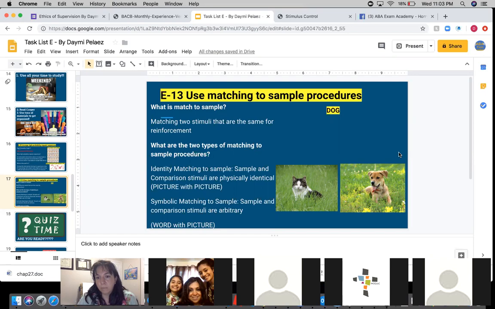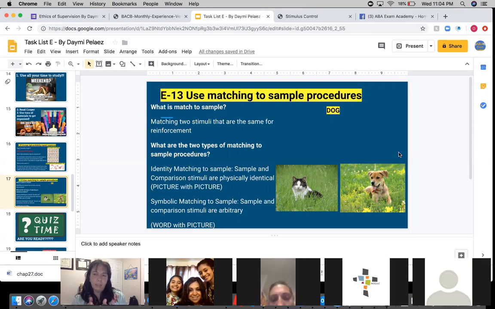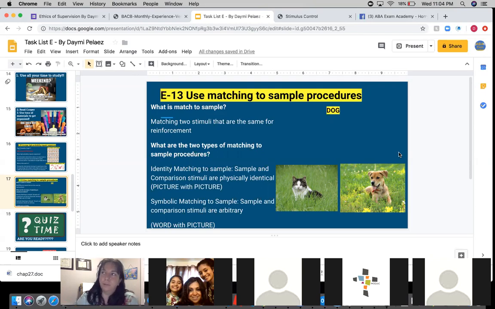If you don't flip it back, you don't have symmetry. Okay. I am still learning on that, so I didn't want to get into that, but I do know there are two different types of matching to sample: a word with a picture, and a picture to a picture. That one, isn't that symmetry? No, that's reflexivity, the mirror image. Right. Okay, thank you guys.